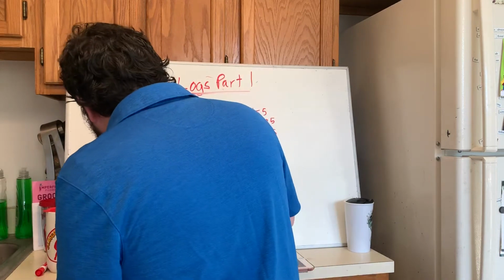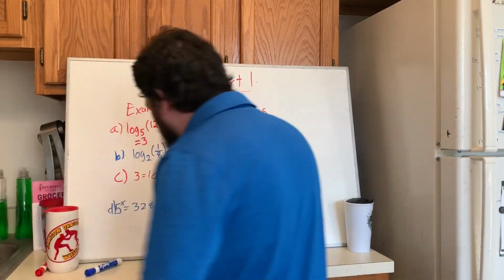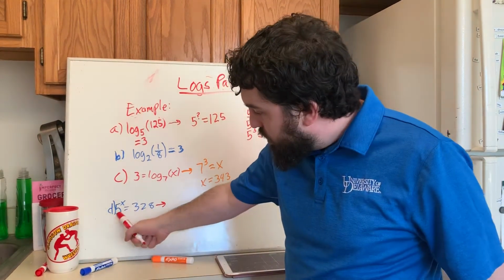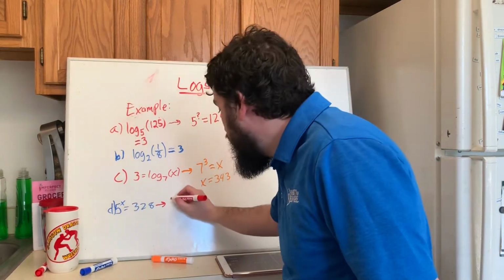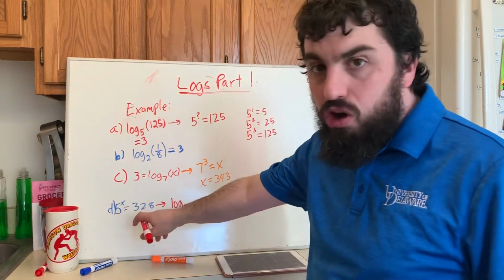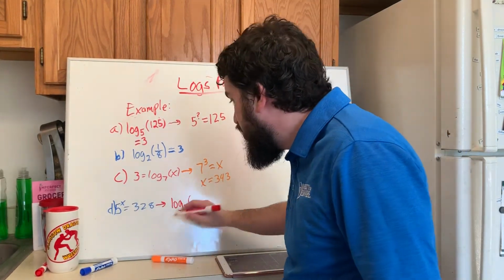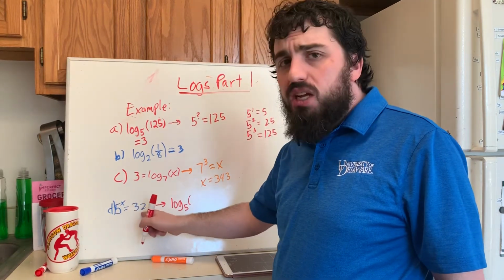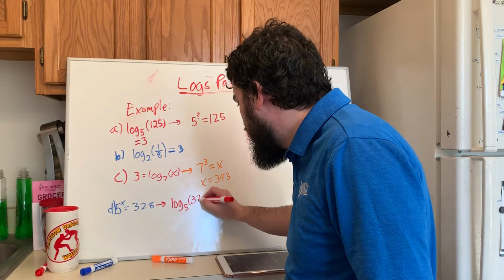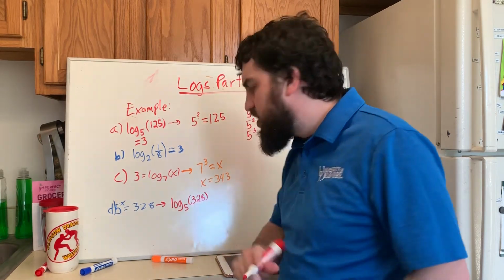So let's take a look here at rewriting this into my log form. Since this has 5, that needs to be the base of my log. So log base 5. Now, whatever the answer was to the exponential, that's what goes inside the logarithm itself.